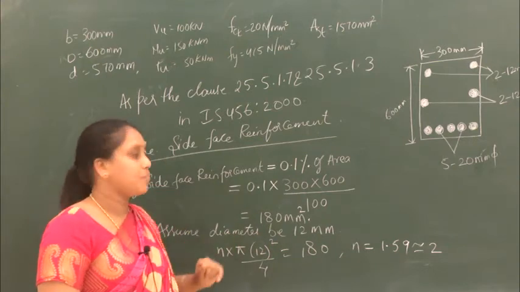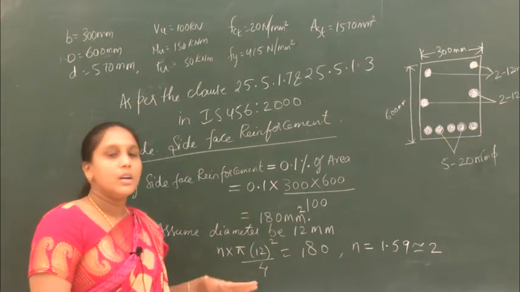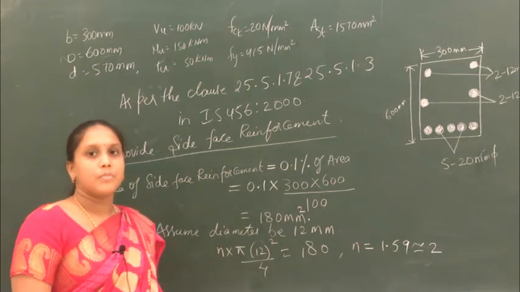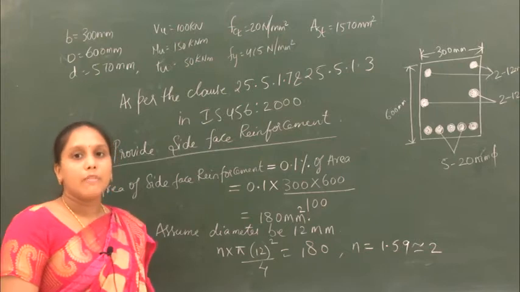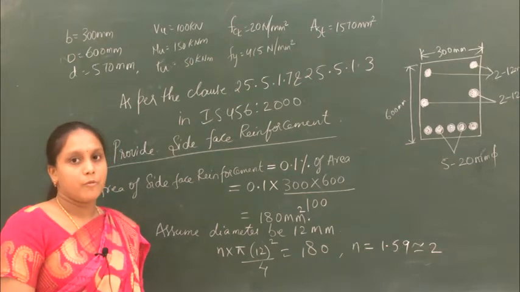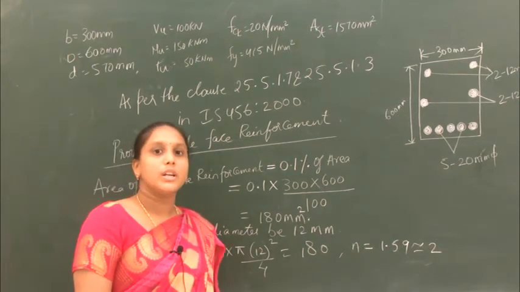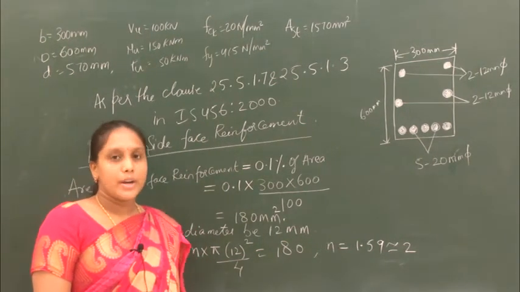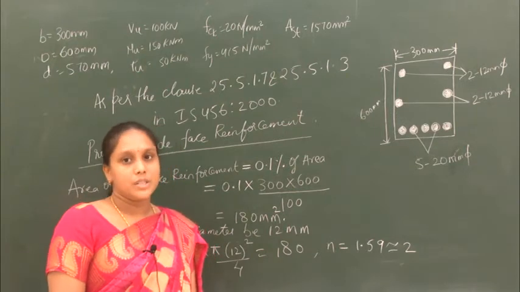as side face reinforcement. Now what? The longitudinal reinforcements we have designed. Now we have to provide the transverse reinforcement, which we have already discussed. The torsional reinforcement should be provided in the form of longitudinal reinforcement and transverse reinforcement.